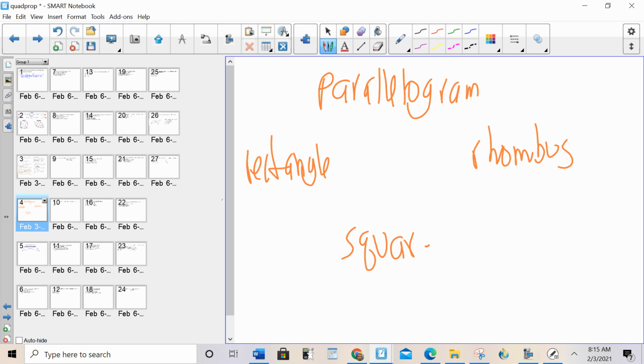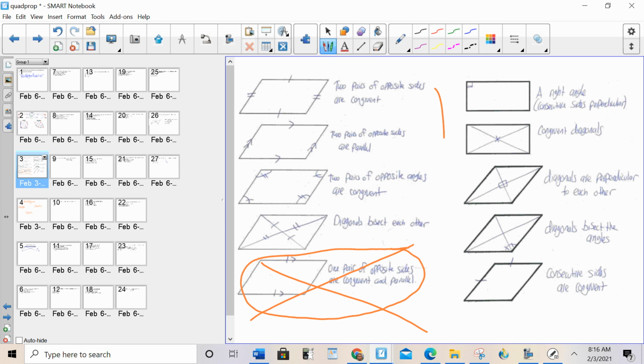So if you get into an argument with someone, you say, no, that's a rectangle, no, it's a parallelogram, no, it's a rectangle, no, it's a parallelogram. You're both right. If it's a rectangle, it is a parallelogram because a rectangle has these 4 properties. If a shape has those 4 properties, it's a parallelogram. So a rectangle is a parallelogram, a rhombus is a parallelogram, a square is a parallelogram.